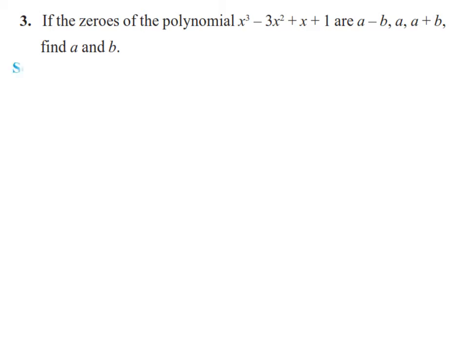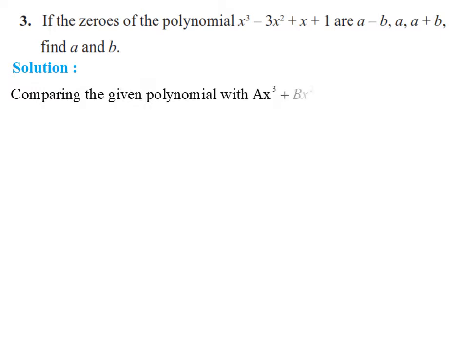For the solution, first of all, we compare the given polynomial with Ax cube plus Bx square plus Cx plus D. I am taking capital letters because small letters are already used in the question, so there would be a conflict. That's why I am taking the coefficients as capital letters.